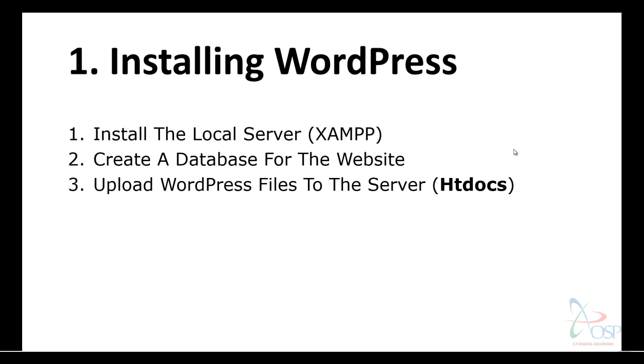Once we get the software, we have to upload it to the server. There's a public folder called htdocs. That's the folder we'll use, and within that folder we're going to paste our WordPress files. So when we are sending the WordPress files to the server, that's the folder we need to look at. Remember, we are using XAMPP.